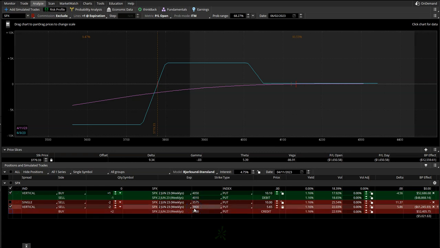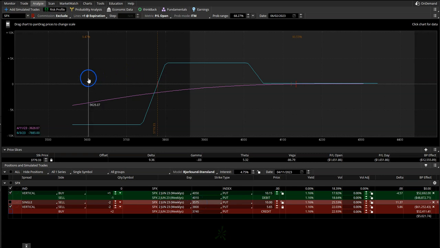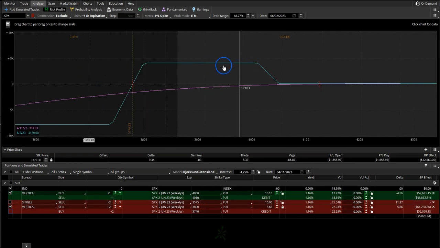Now, if we were to use a short option naked, we would place that put at 3,575, so just over 200 points lower. So the width of this bear trap would be much wider, which will give us a higher probability of catching price inside the trap, but we would have to put up a lot more margin than $8,000 to put this trade on.